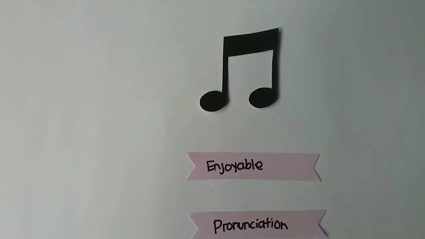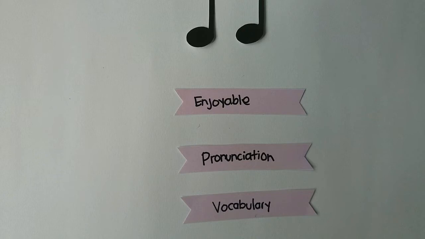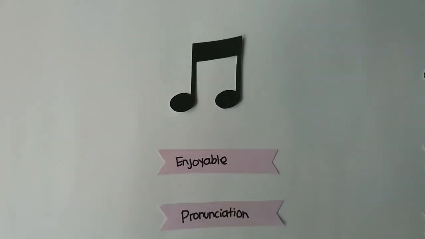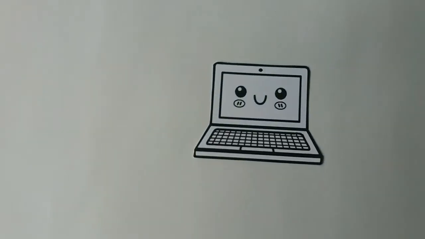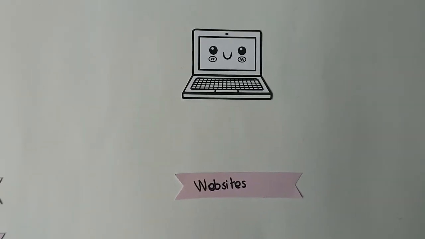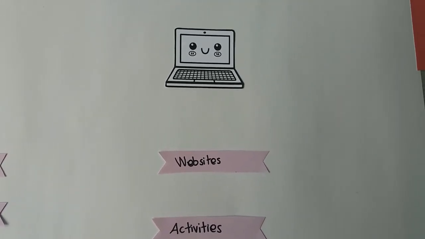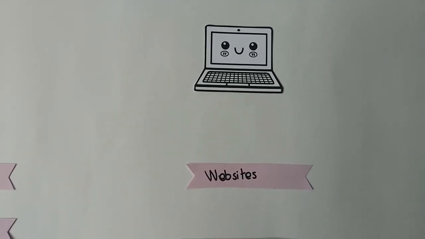Songs can also help students focus on pronunciation and predict vocabulary with the use of rhyme. And finally, the Internet, in which learners can look for language learning websites with repeatable activities, which means that students can work at their own pace.